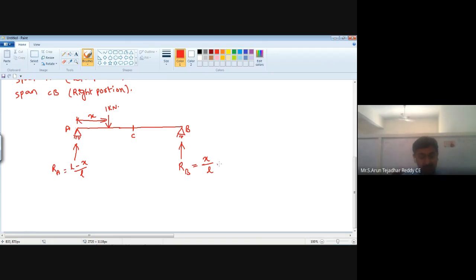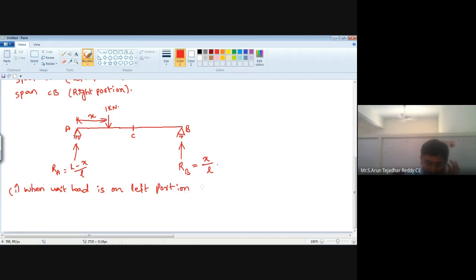That is the left portion. So in case number 1, when the unit load, that is 1 kilonewton, is on the left portion. This is our first case.